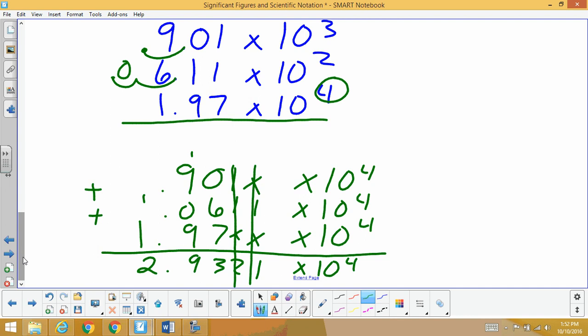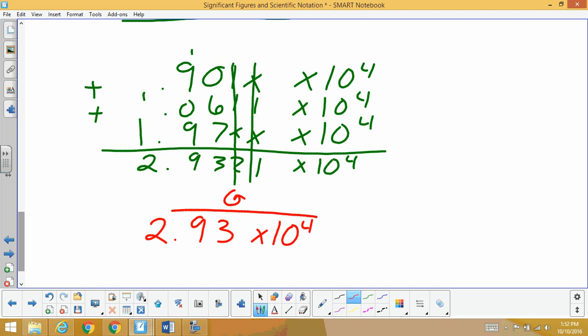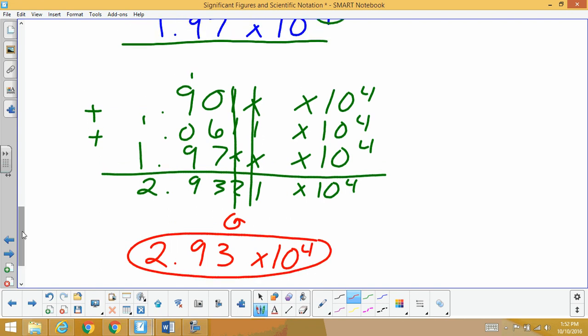So it's 3 sig figs. This is our rounder, so it becomes 2.93 times 10 to the 4th. So the number does change significantly because we're adding numbers that are very close to each other.